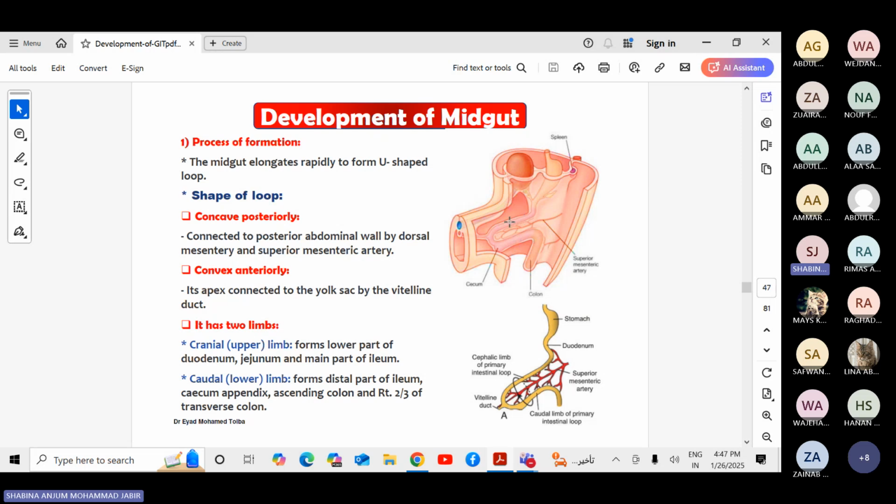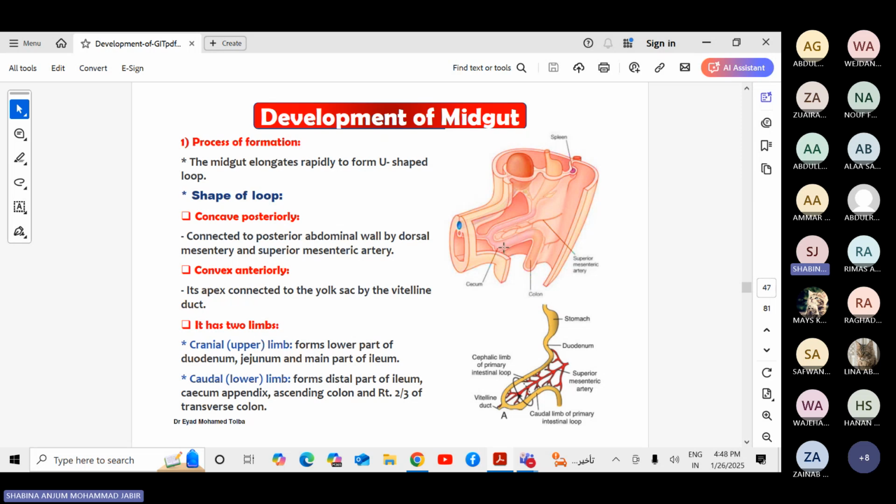So this cranial limb is going to form the lower part of the duodenum, jejunum, and half part, or you can say the main part, of the ileum. Most of the part, okay, but the lower or caudal part will form the ileum, cecum, appendix, ascending colon, and right two-third of the transverse colon.